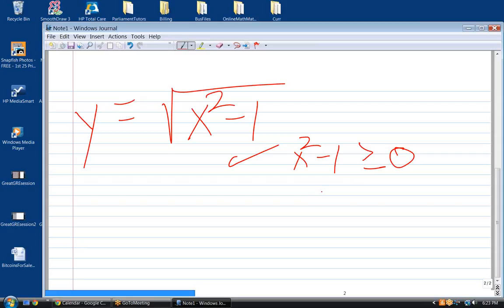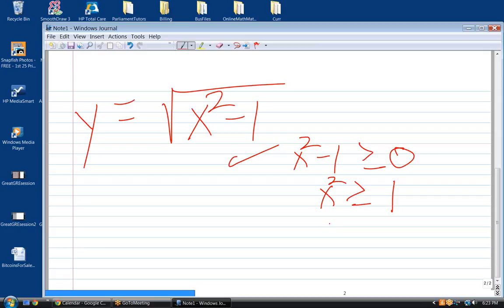We have to put a -1 on the other side, so it would be x is greater than 1. But it's x squared. Okay. X squared is greater than or equal to 1. So what's the next line? It would be square root, so x is greater than or equal to the square root of 1, or 1.